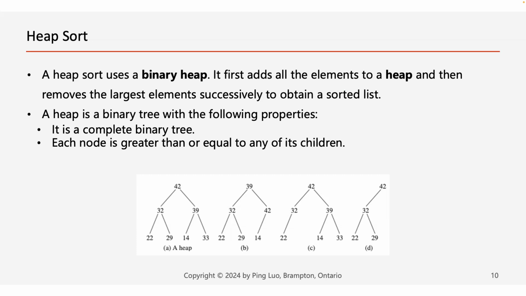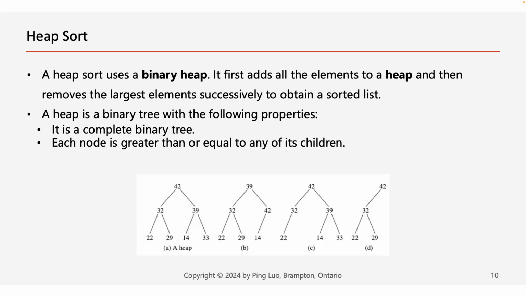Although 39 has 2 children, 32 should be before 39, and it only has the left child. Of course, 42 doesn't have the right child. So a complete tree is either in this very complete shape, or it's just one left child missing at the very end.